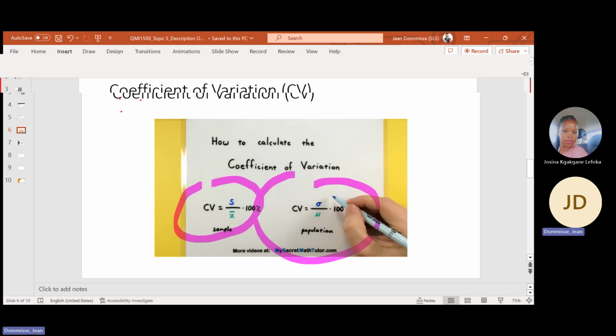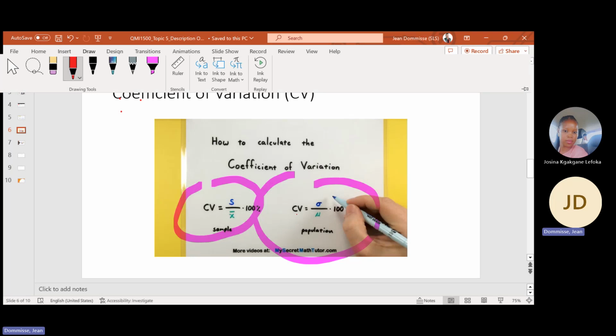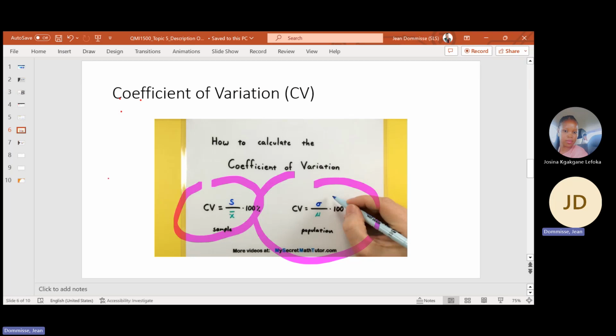Okay, so that will always be the basis of how we would calculate the coefficient of variation. We're going to work that out tonight too, because in any case we will work out your standard deviation and we will work out the mean.